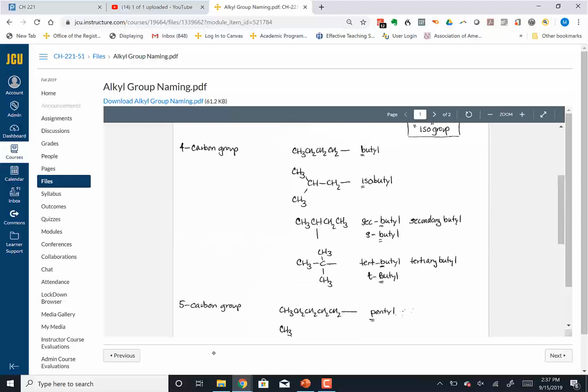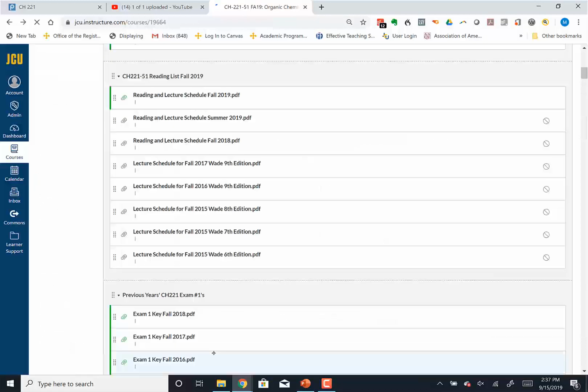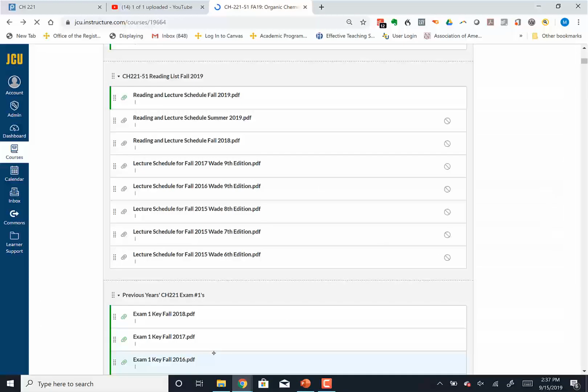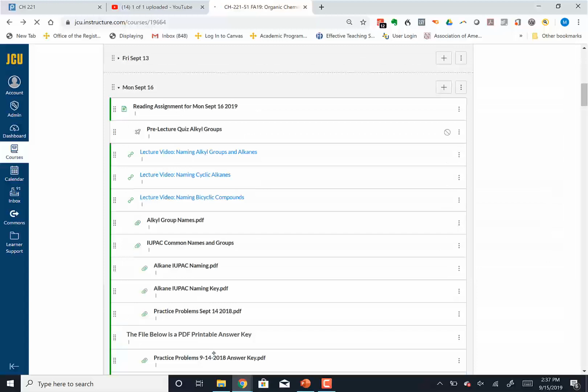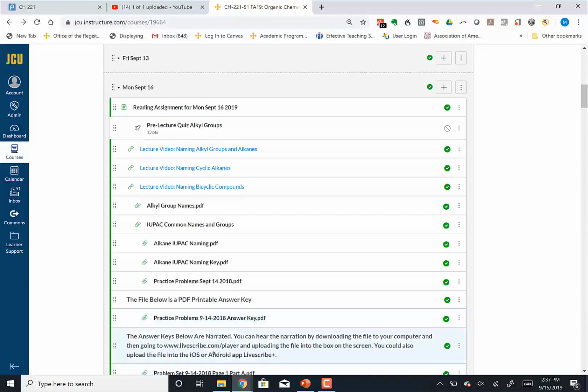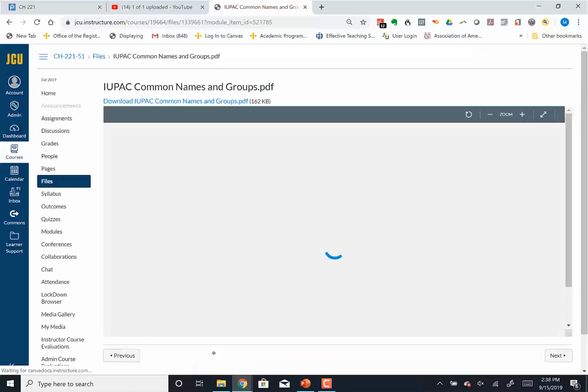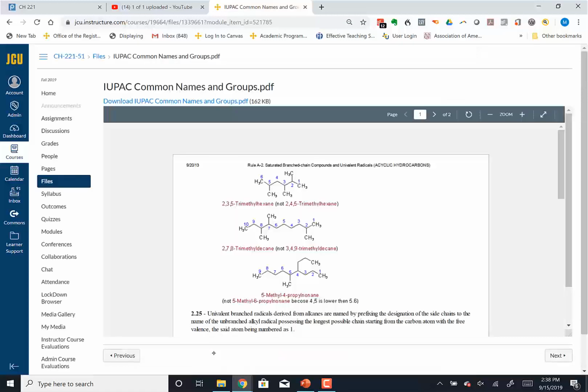And if we go back, there's also the listing from what's called the IUPAC Blue Book, which is the official document that tells you how to name alkyl groups.